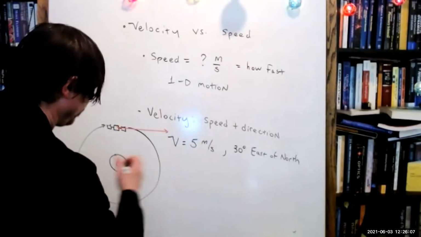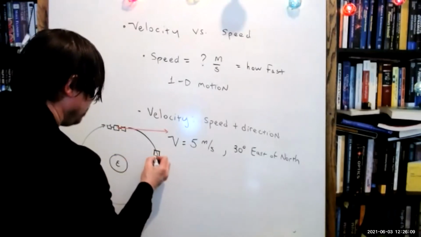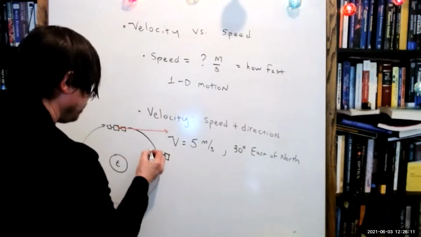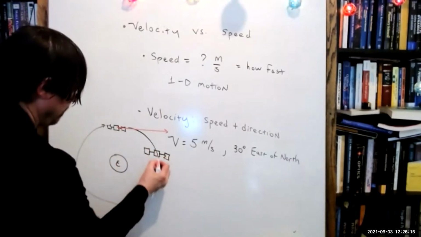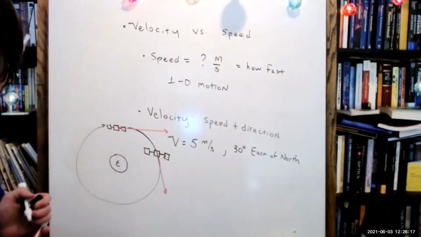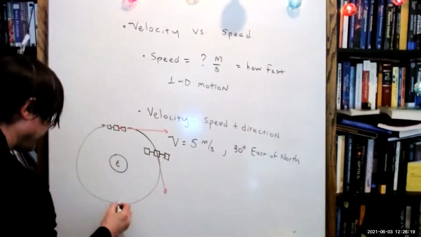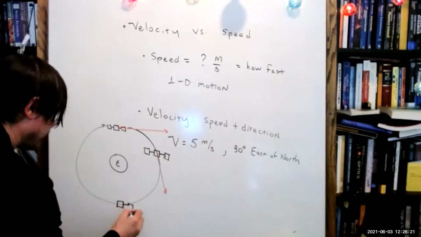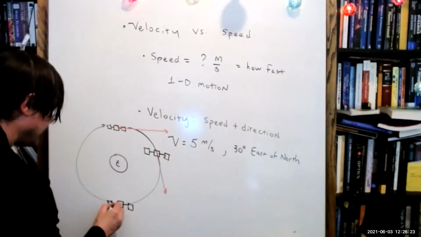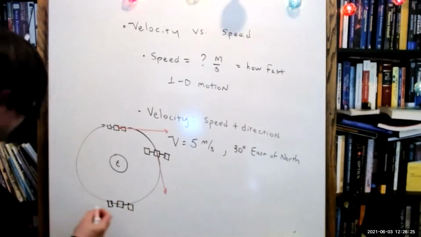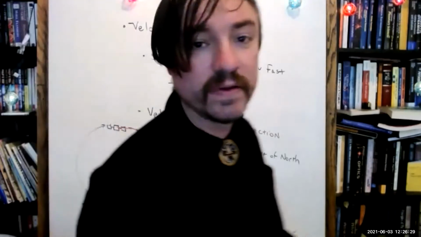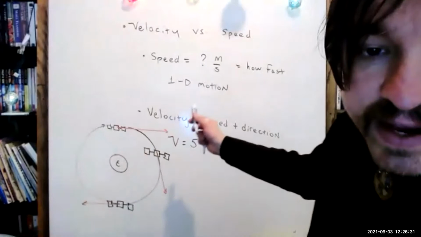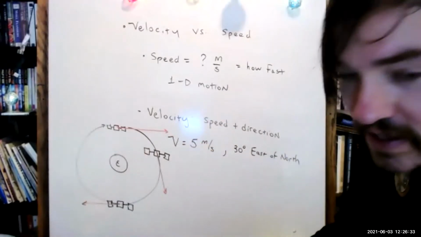But a few moments later, as the satellite moves in orbit, at this point of the orbit, the direction of the velocity might be sort of over here. So the rate at which the satellite travels through space remains constant, its speed remains constant, but the direction is constantly changing, and therefore it's considered to have a non-constant velocity. Its velocity is changing.